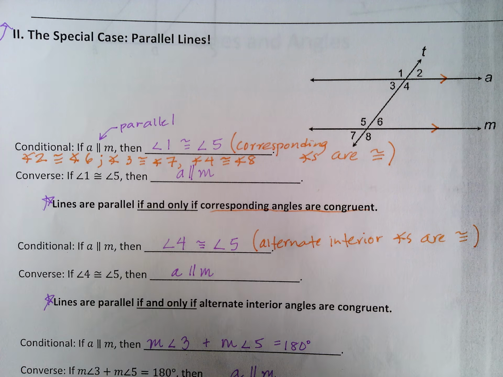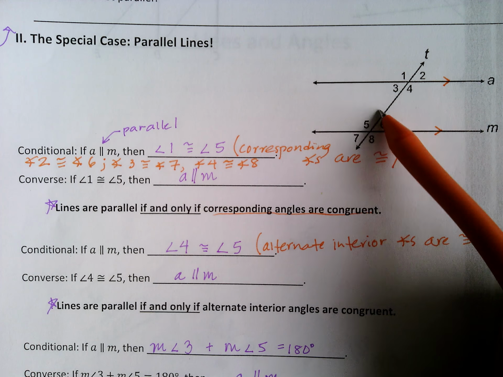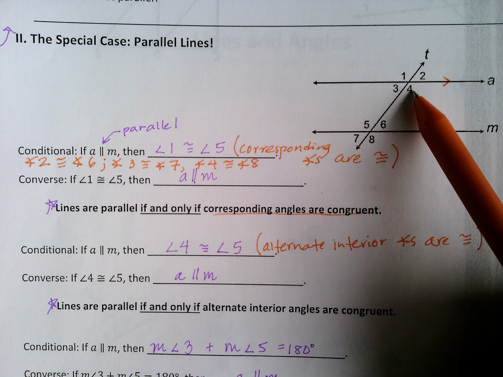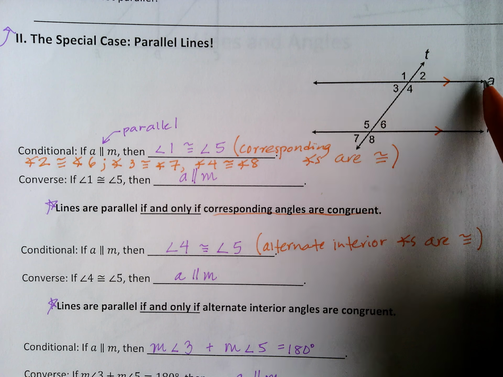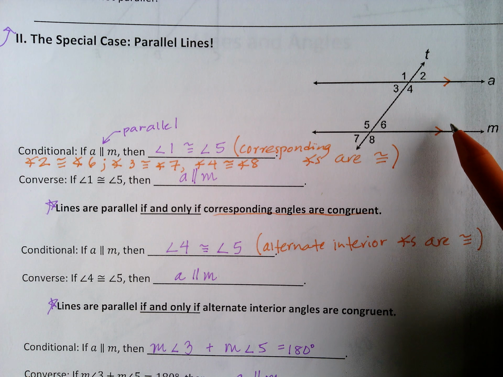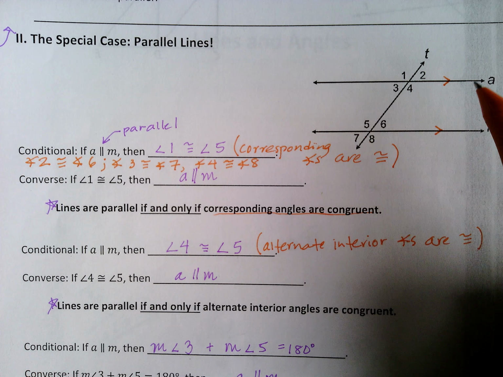If you have alternate interior angles, like say you're told that angle 4 and angle 5 are both 93 degrees, then that means these two lines are parallel to each other, because lines are parallel if and only if alternate interior angles are congruent.